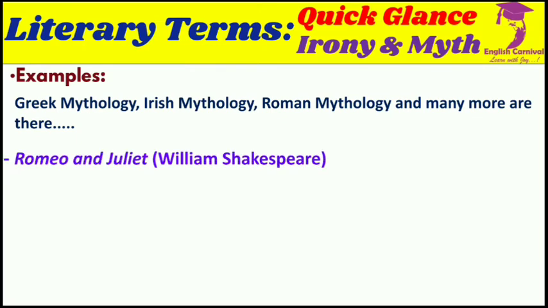So at first friends, we have the example of Romeo and Juliet, one of the renowned plays by William Shakespeare. And in this play, William Shakespeare uses some quotes highlighting the Greek mythology.